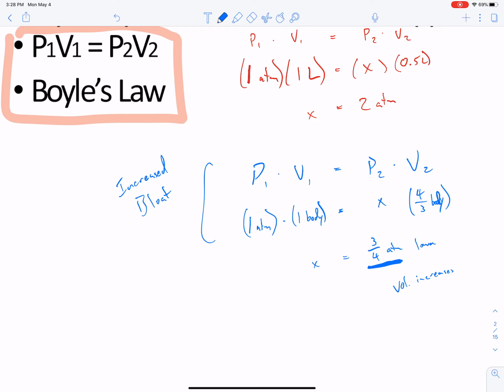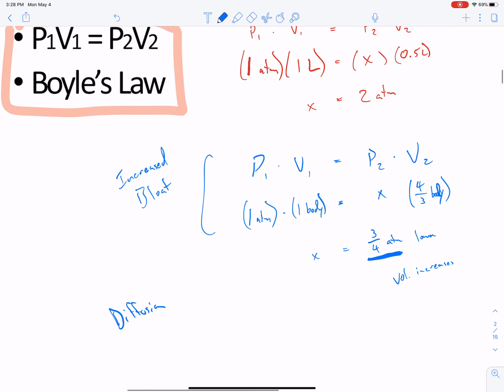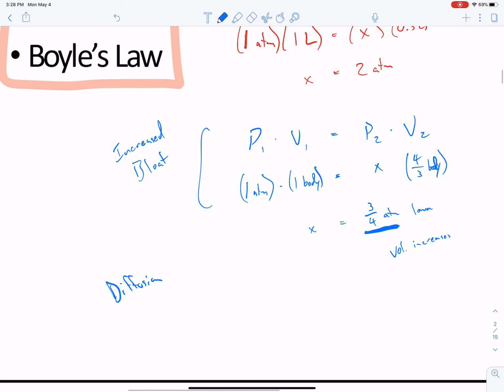So remember, diffusion moves from greater concentration, that's how much stuff, to lesser concentration.